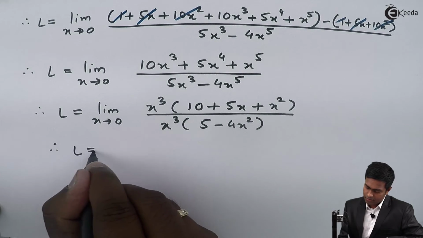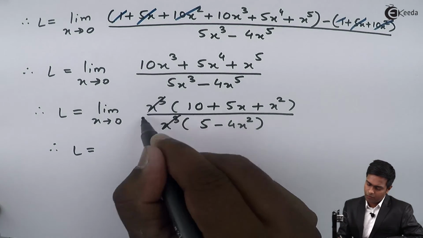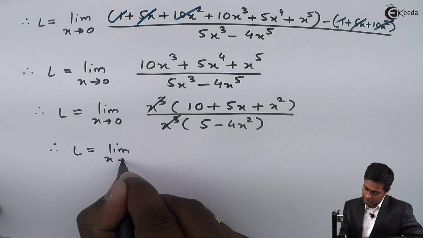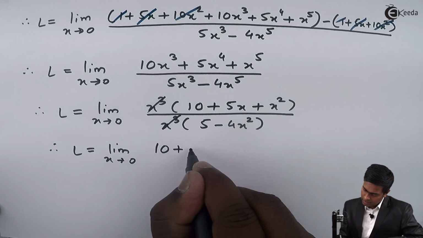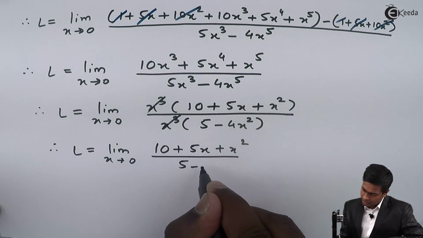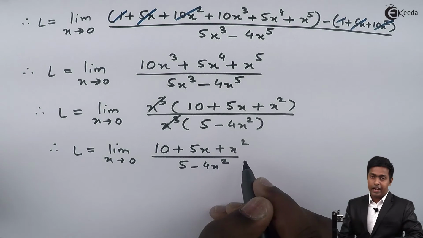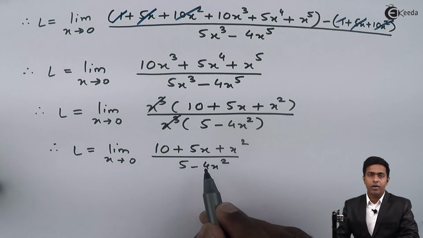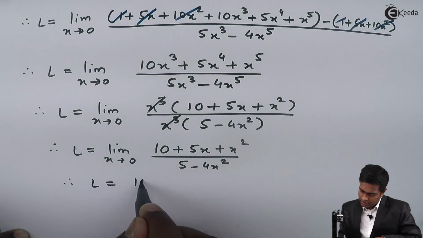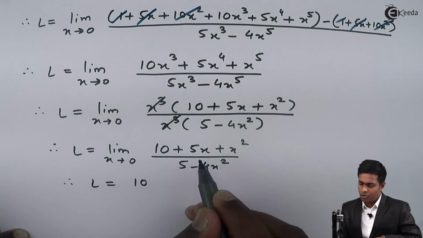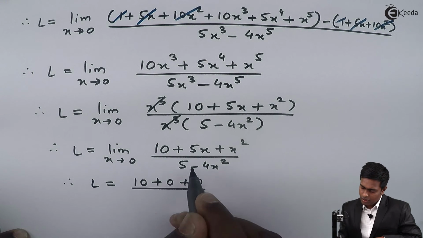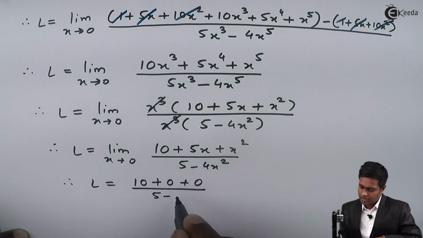After this, cancelling x cube from numerator and denominator, we'll get limit x tends to 0, 10 plus 5x plus x square upon 5 minus 4x square. And now in this term we can apply the direct method, and therefore by direct method we will get 10. Since x is 0, this term will become 0, last term is also 0. Here we will get 5 minus this term will become 0.